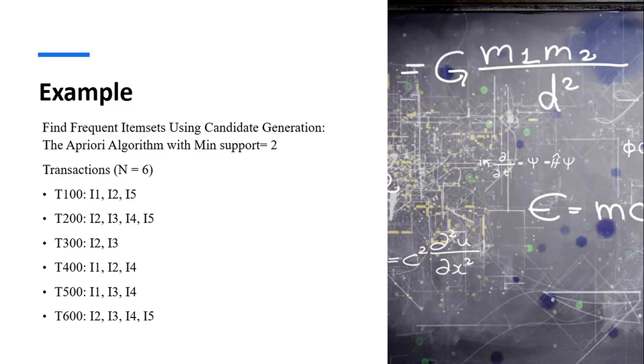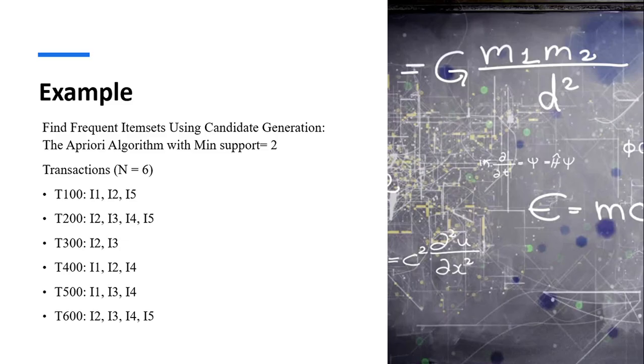Over here right now we have considered 6 transactions with transaction IDs from T100 to T600, and we have items like I1, I2, I4, I5, I3. You can see in the first transaction, T100, we have 3 items purchased by the customer, that is I1, I2, I5.